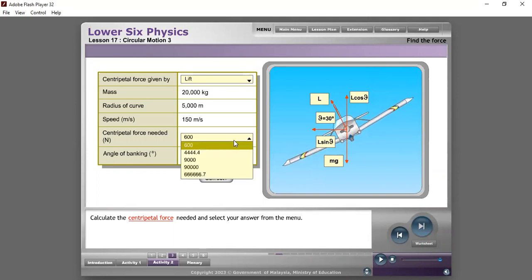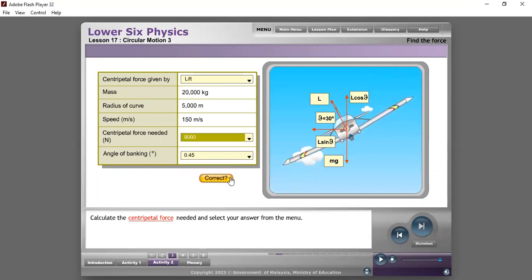So that means 9,000. Still incorrect. What happened? Let me use mv squared over r, v squared over the radius 5,000.